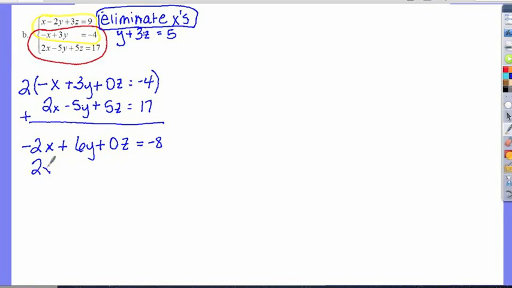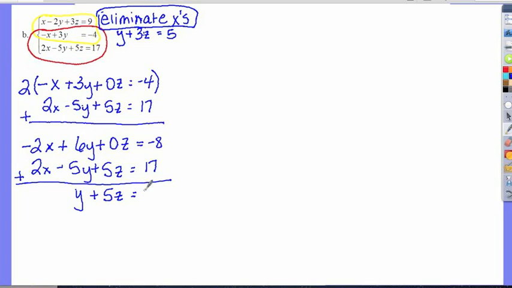This bottom one did not change at all. Okay, draw your line. Let's go ahead and add them together. X's cancel. That's 1y plus 5z equals 17, and negative 8 will give me 9. Now I have eliminated the x's.